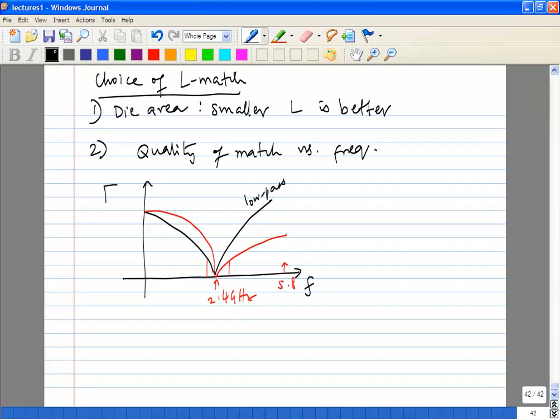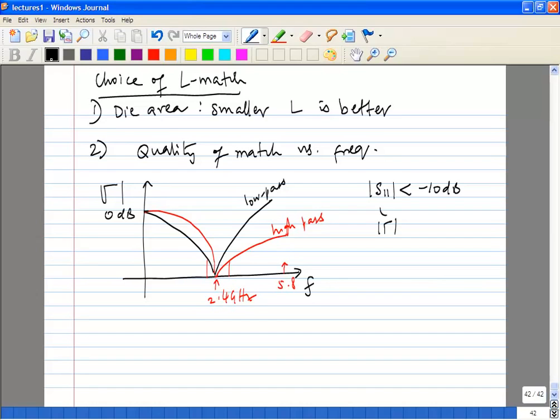So the y-axis is your reflection coefficient, and let's say this is the 0 dB point. And this would be high pass. So in general, you should remember that minus 10 dB is a good number to choose. S11 is the same as, or almost the same as, the reflection coefficient.